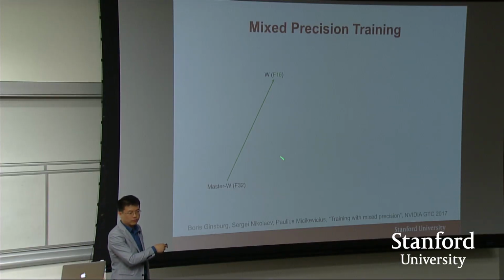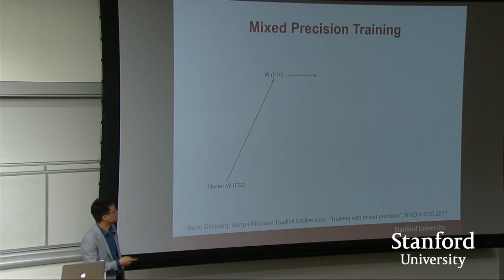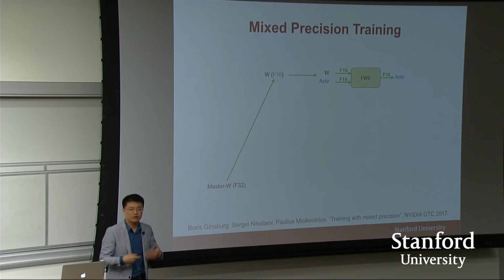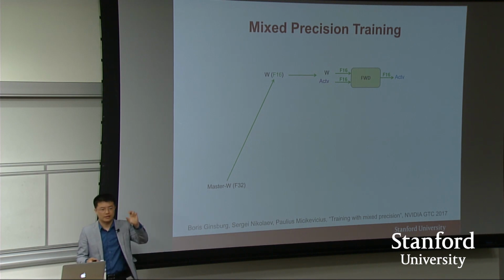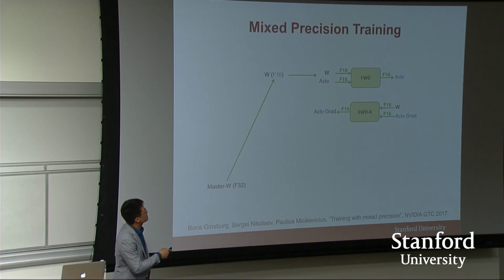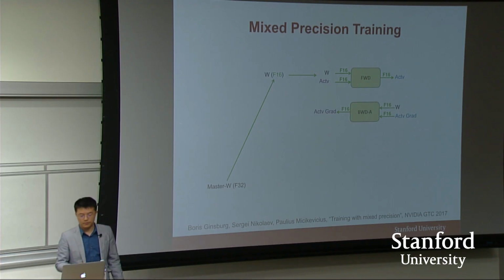For example, we have a master weight stored in floating point 32. We down-convert it to floating point 16, and then we do the feed forward with 16-bit weights and 16-bit activations. We get a 16-bit activation in the end. When we are doing back propagation, all the computation is also done with floating point 16-bit.